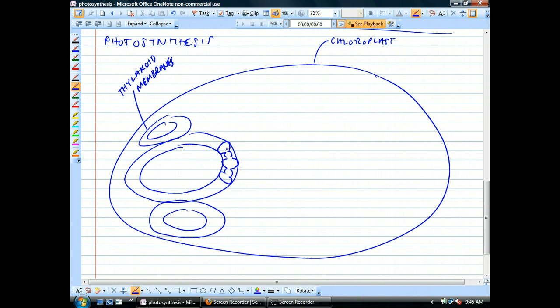Remember how I drew that electron transport chain last time? Drew it something like that. Let me find out where the chlorophyll is. I should have drawn it on here.